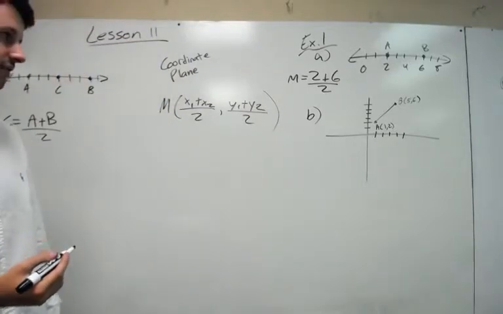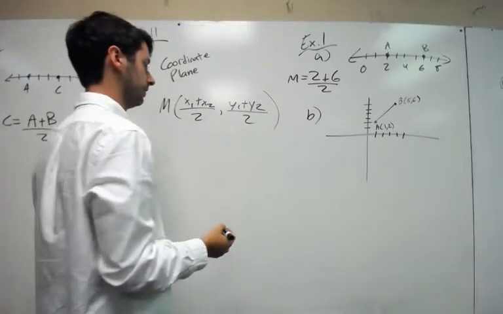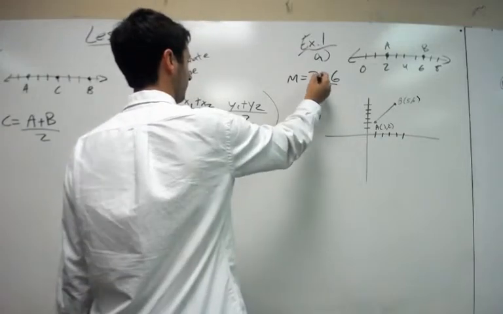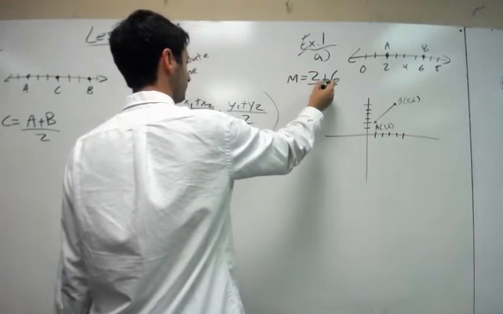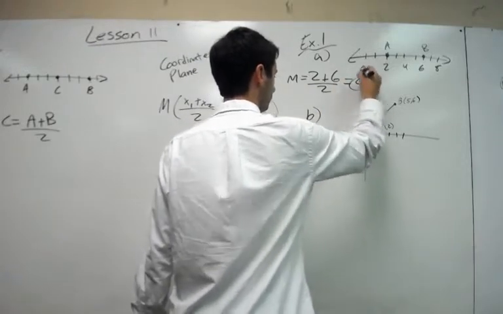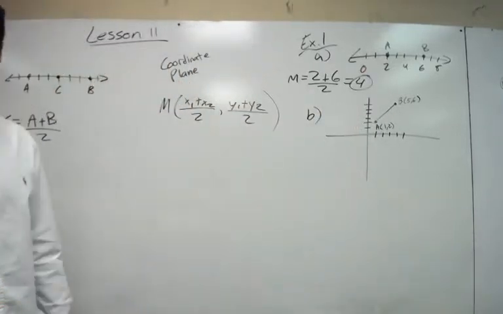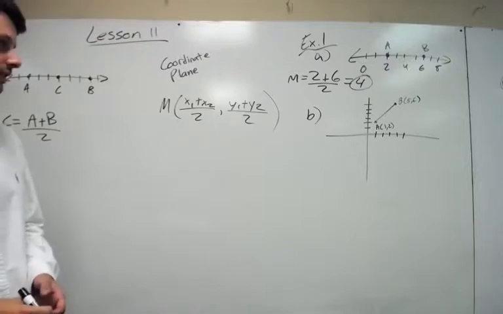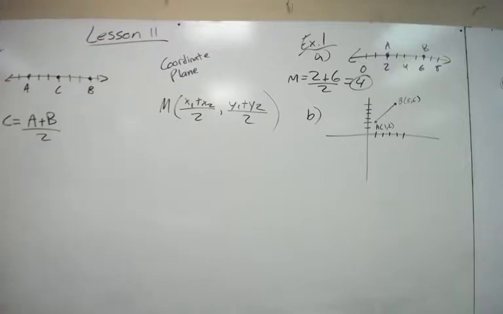We do the top part first in the numerator: 2 plus 6 is 8, divided by 2. Your midpoint would be 4. You could count and see that that is correct, but that is just showing you how to do it algebraically. So that's on a number line, pretty simple there.